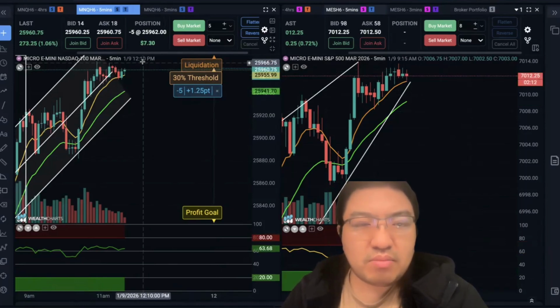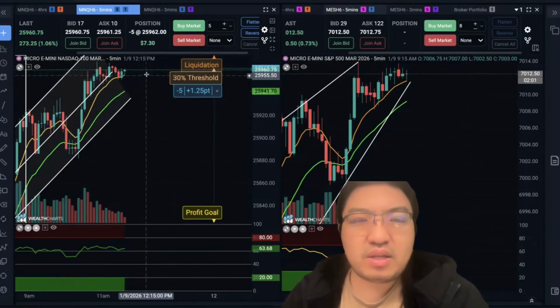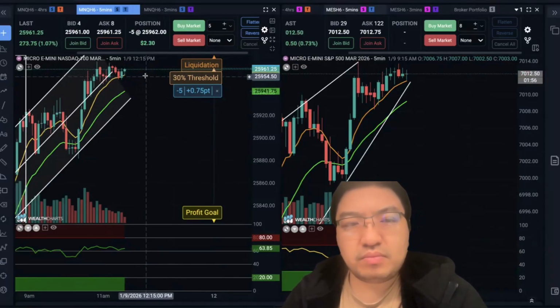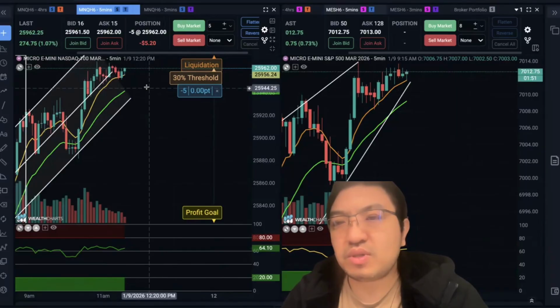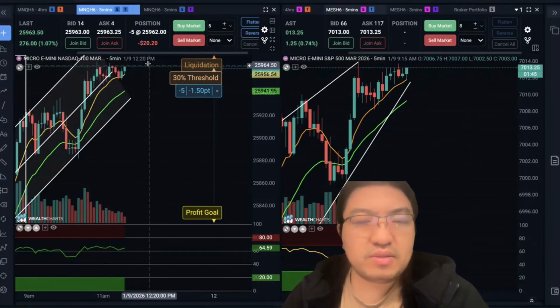So probably I will send my rescue order somewhere here. But no, if it goes under this it breaks a lot. It looks like it keeps going up.